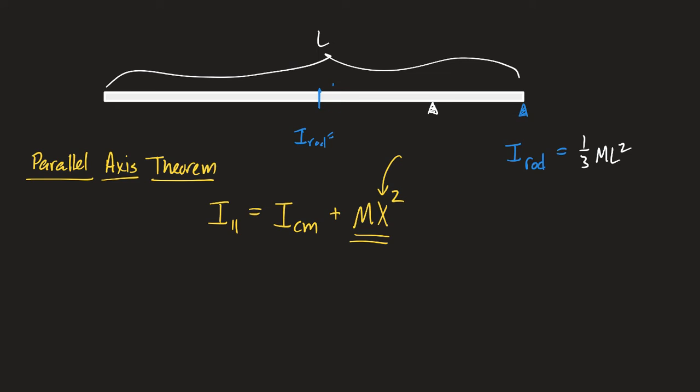So in this one, the door is 91 centimeters wide. And we're shifting it 15 centimeters from one edge. If I wanted to use the parallel axis theorem, x would be this distance, the distance from the center of mass to my new axis.